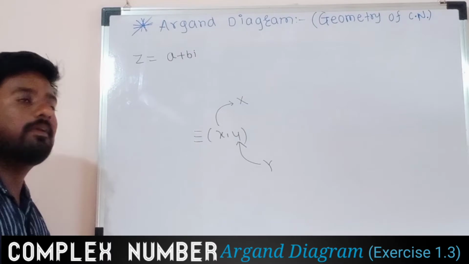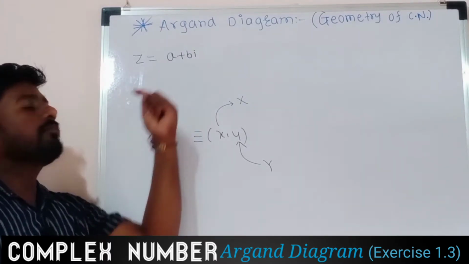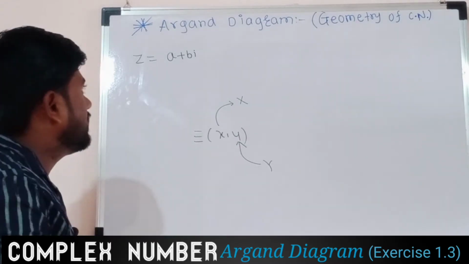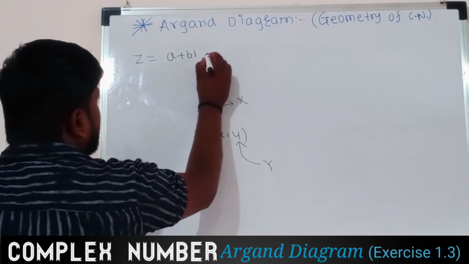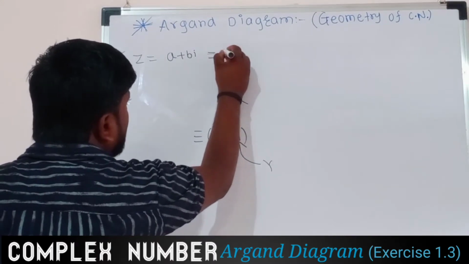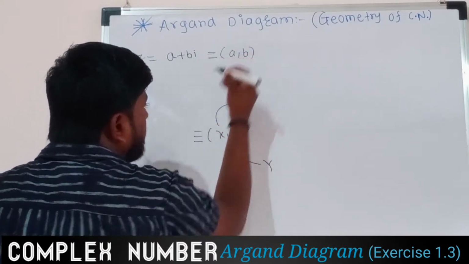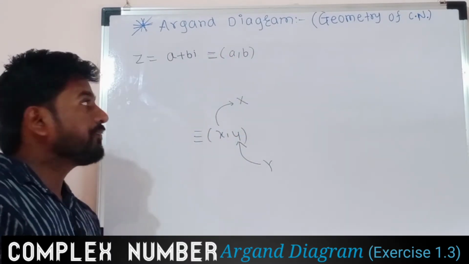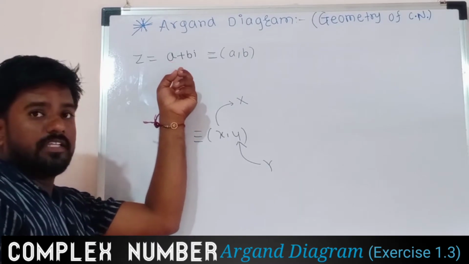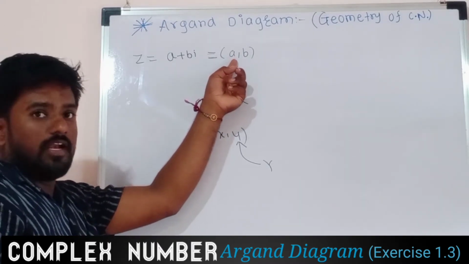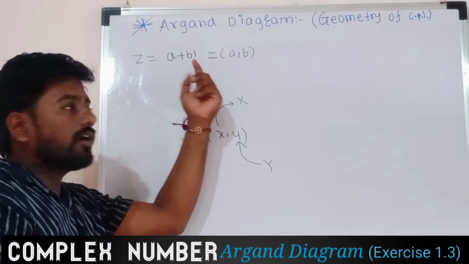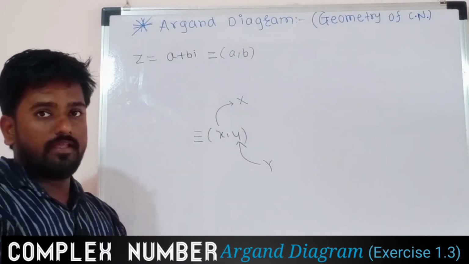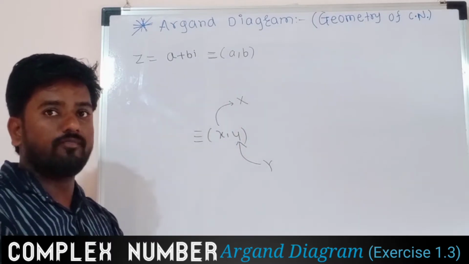In a similar way, the given complex number can be written in coordinate form as a comma b, that is, real part comma imaginary part. In this complex number, a is the real part and b is the imaginary part. So you have to write it in coordinate form.